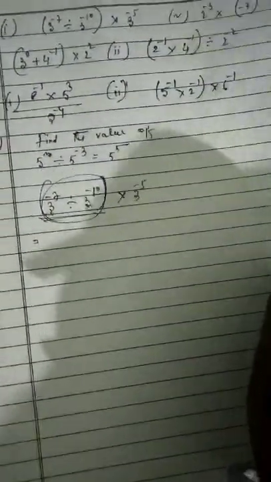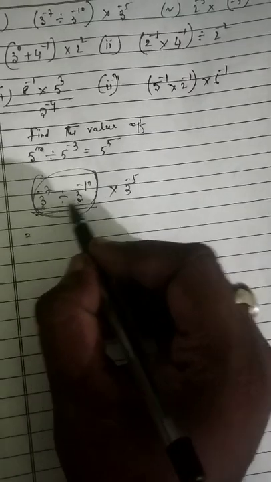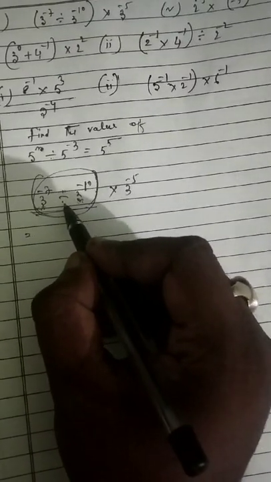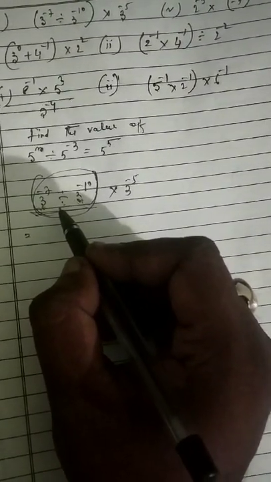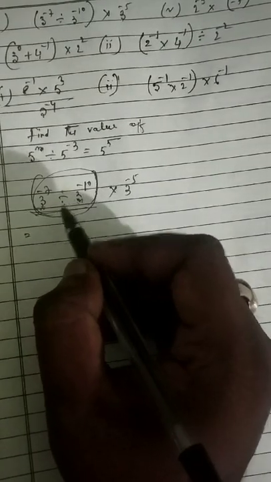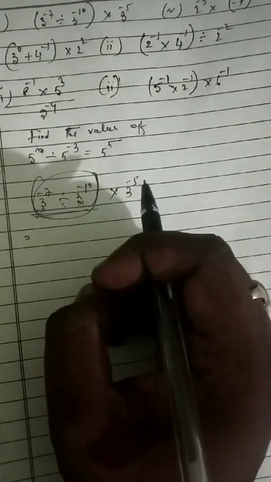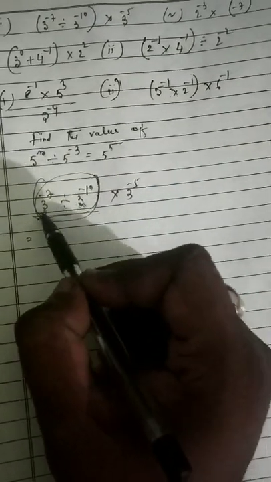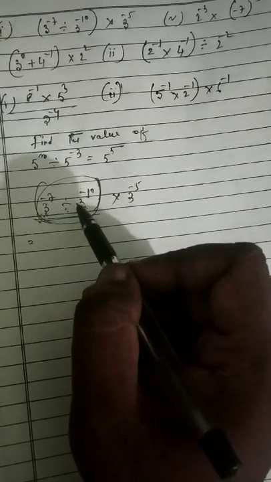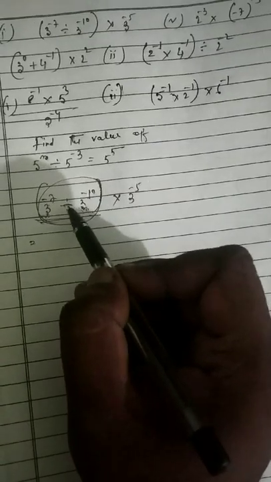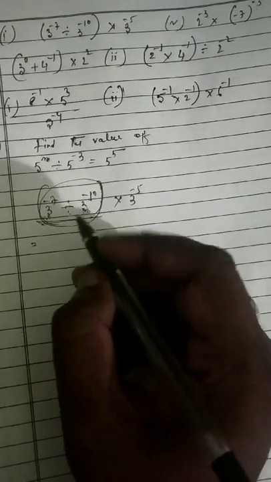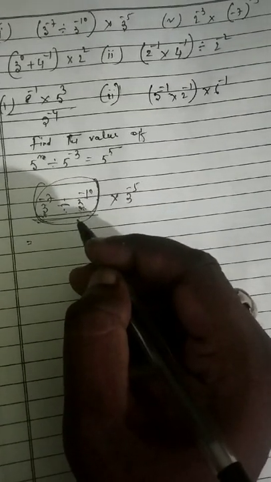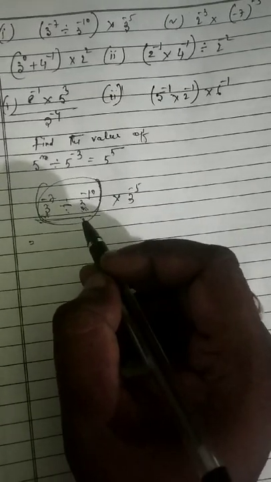So when we have similar bases and in division form, we should always remember that the power gets subtracted. As we have dealt with similar things in previous classes, whenever we have the same base but different powers, and they are in the relation of division, always remember that the powers will be subtracted.